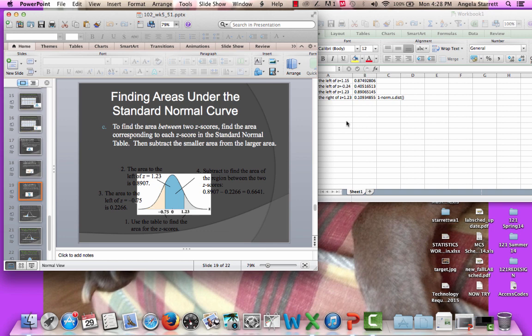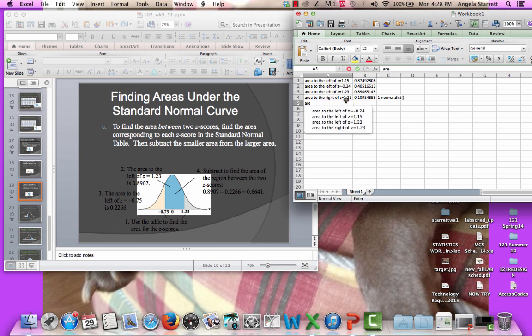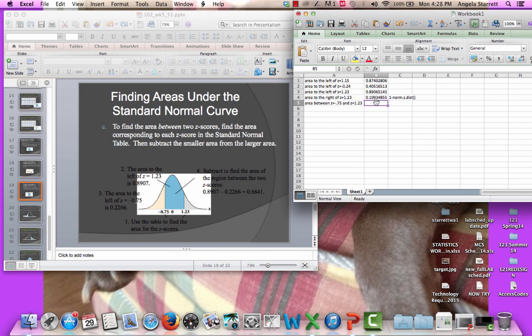All right. What about if I want the area between two z-scores? So I want the area between z equals negative 0.75 and z equals 1.23. All right, so how am I going to do this? Well, if I were to just get the area to the left of 1.23, I'm going to get everything to the left.